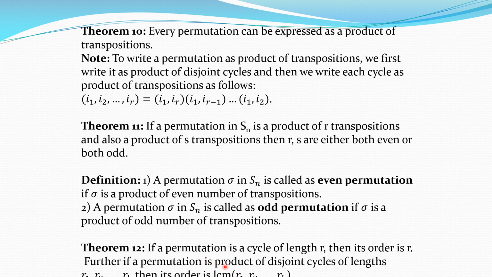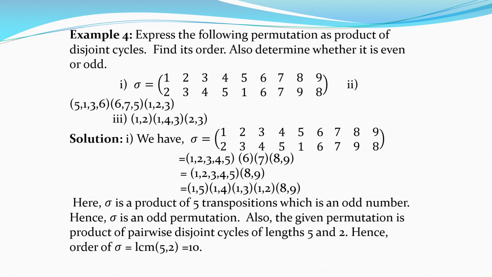But instead of a single cycle, if it is a product of k disjoint cycles with lengths r1, r2, ..., rk, then the order of that permutation is the LCM of all these numbers.